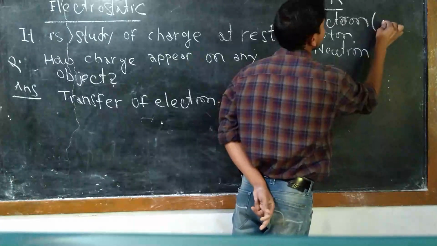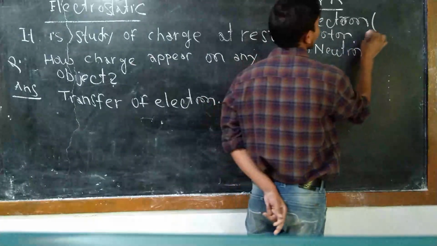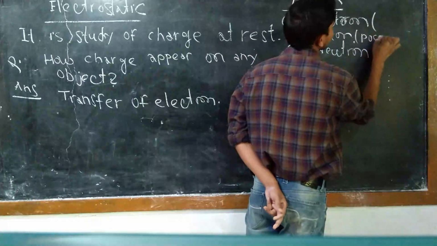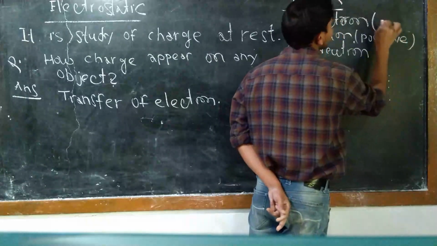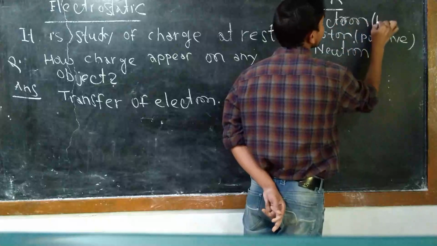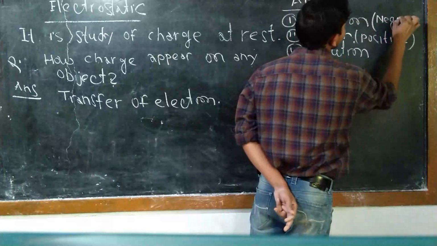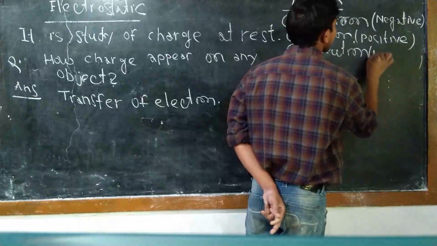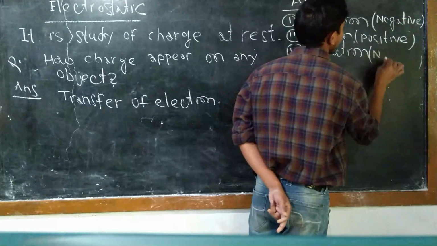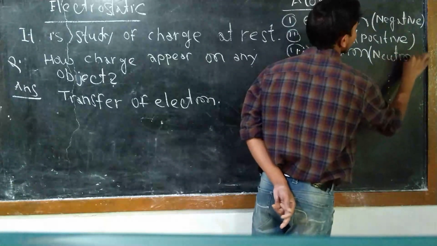Proton is having positive charge, and electron is having negative charge, and neutron is neutral, okay?